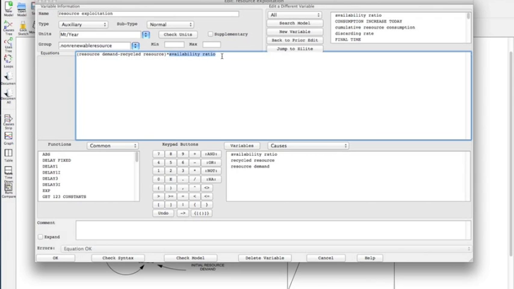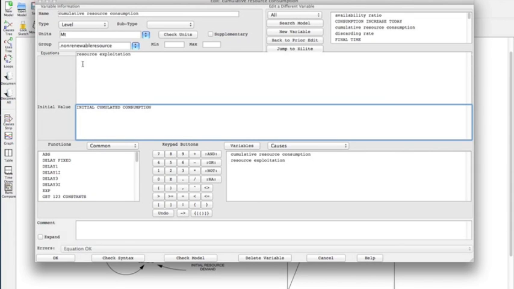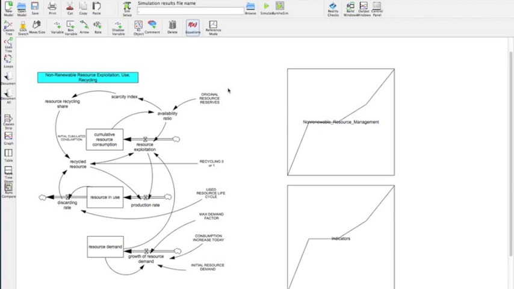So the resource exploitation pays attention to that factor. Okay, so the availability ratio has an impact here, and then the cumulative resource consumption is simply the accumulation of the exploited resource. So this keeps track of how much you have actually exploited, and you can always compare that to the original reserves, and we'll be doing that.